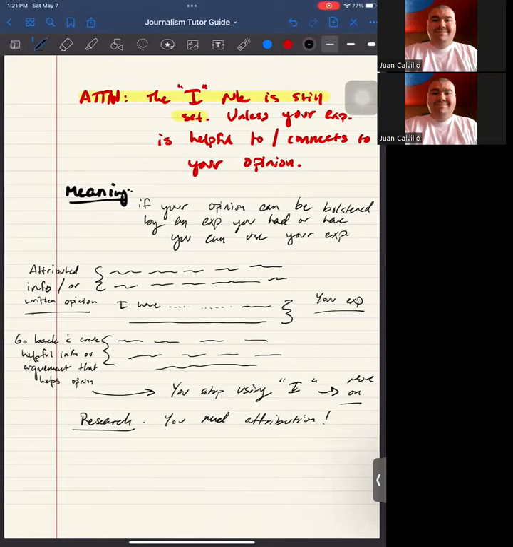I got this piece of advice from a workshop at JCC, which is one of the conferences that we have as journalists. I would have one person that supports your idea, that supports your opinion. I would have one person that doesn't.